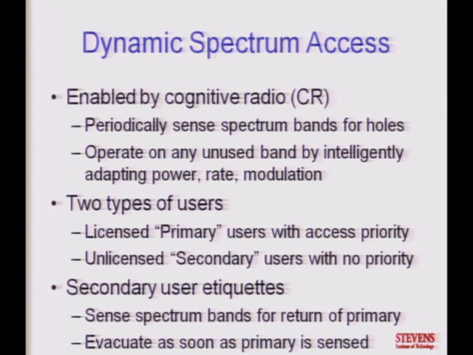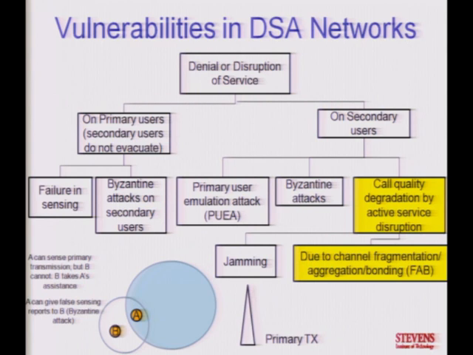Now, what does this do? This is a very flexible way of operation, meaning anybody can use any frequency band as long as it's available, which is obviously a good spectrum utilization, but brings with it some problems. And the problem is it brings with it some other vulnerabilities, which are not normal to any wireless network in general.